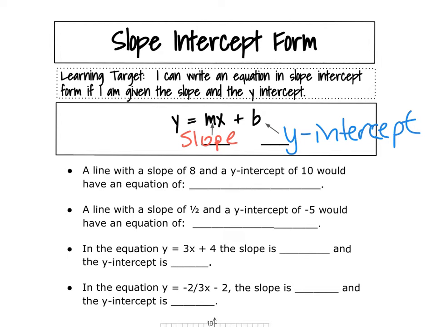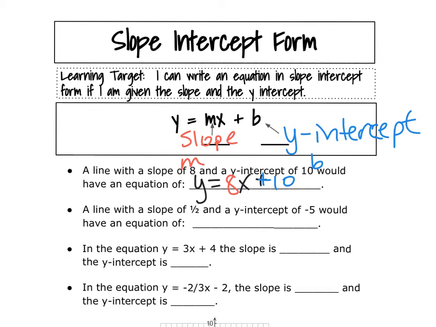Okay, so if I say I have a line with a slope of 8 and a y-intercept of 10, then the equation is, this is m, 8, and b is the y-intercept, so 10. So our equation would be y equals 8x plus b, so plus 10.